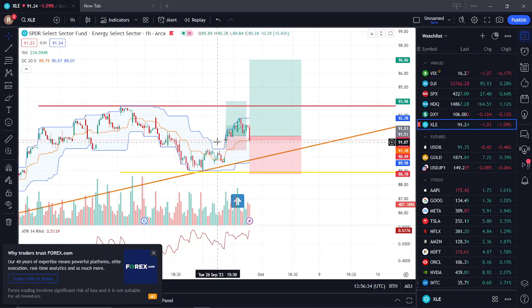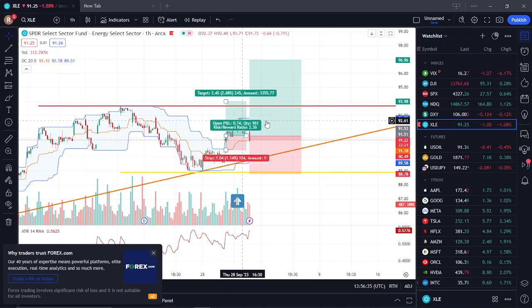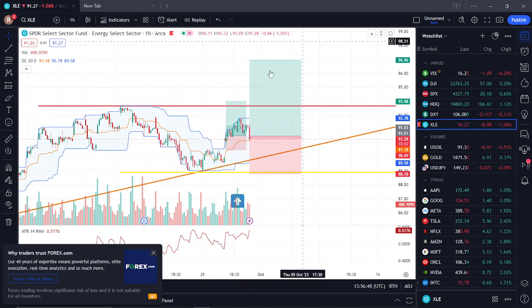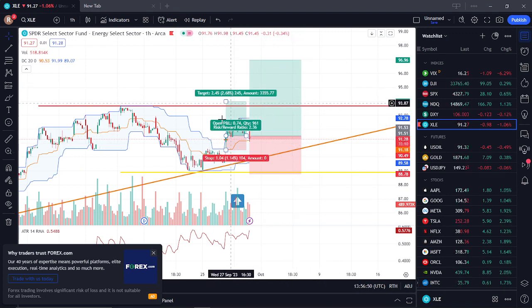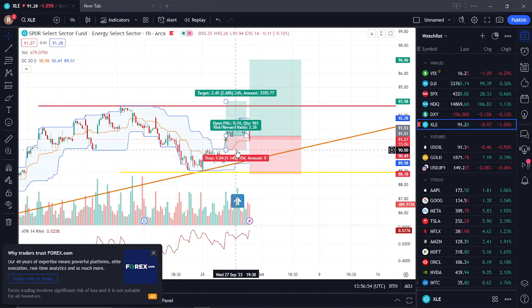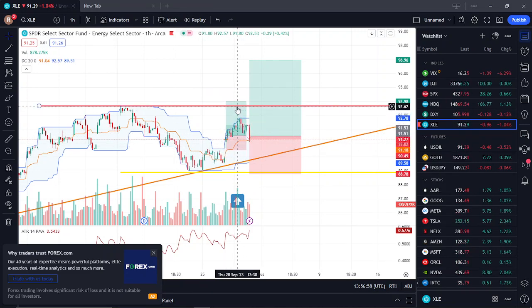So you have a smaller level and a bigger level. The bigger level is the one that's more meaningful. The small level depends on your time frame, depends on your risk tolerance. Do you want to just take the small one, or do you want to go for the big one? With the small one, you get out at the bottom of this red area, and your profit target is once it breaks.